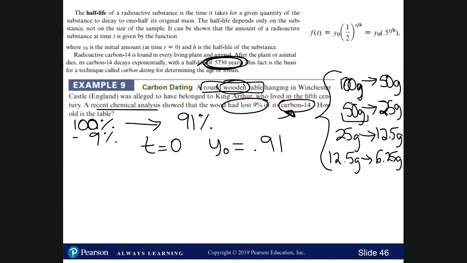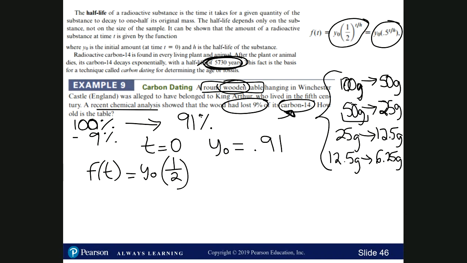Now we're going to use one of these two equations, either one, to solve this type of problem: f of t is equal to y sub 0 times 1/2 to the power t over h.